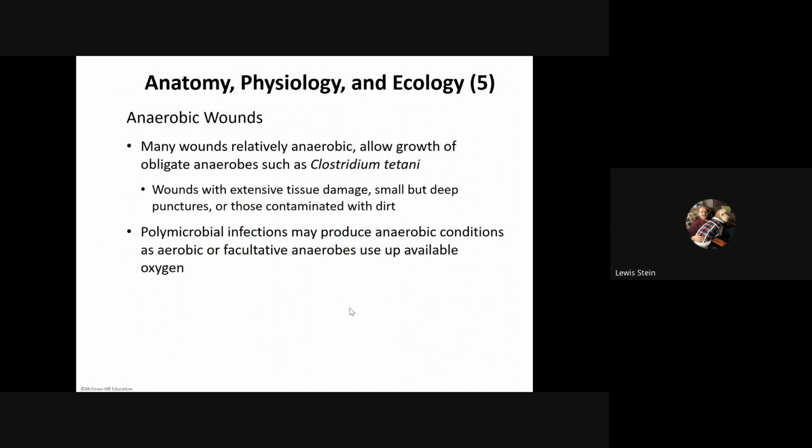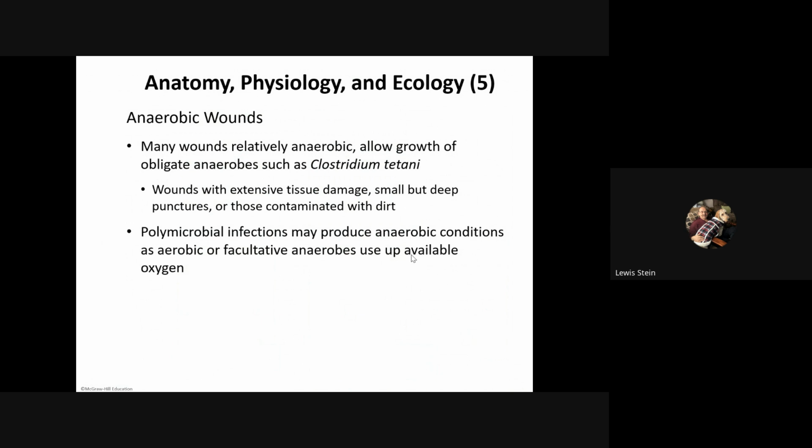The trouble is, any type of debris that gets in there, the likelihood it has endospores in it of the Clostridium tetani. And as you can see, it's not the only one. When you have damaged tissue or what they call polymicrobial infections, you have lots of breeding ground. The tissue that's being destroyed becomes anaerobic.